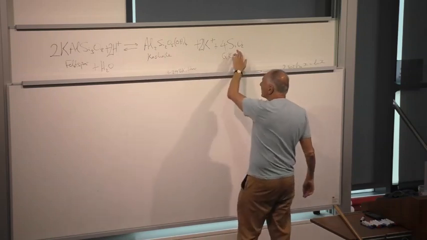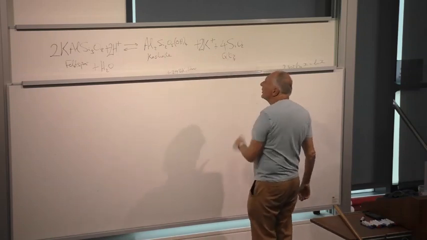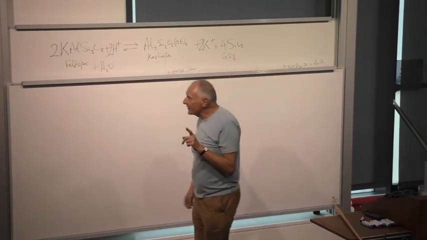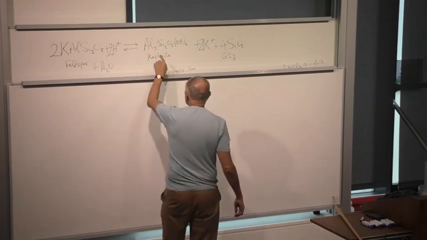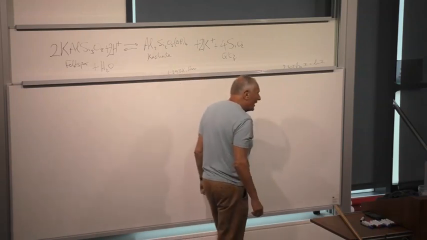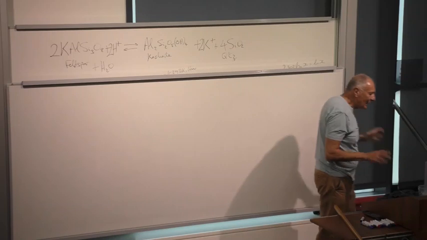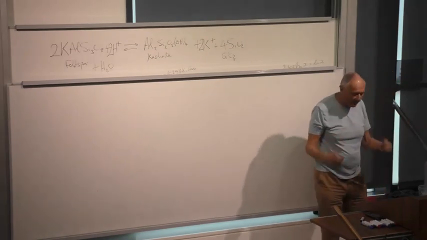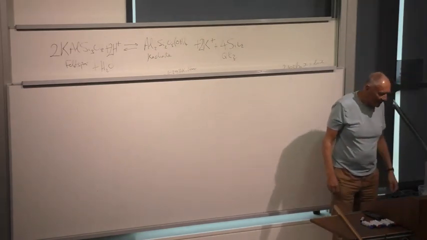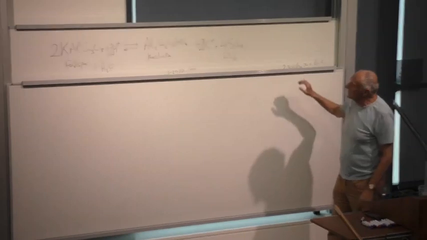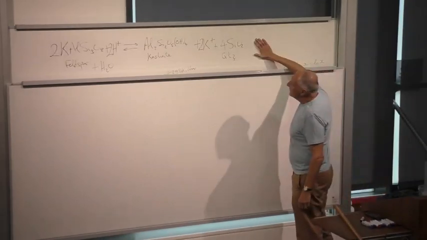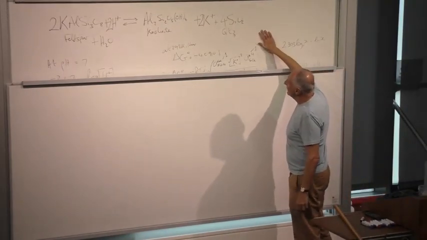I also did the same with the silica. But in general, when we're writing down these weathering reactions, we balance the aluminium in the solids. And the reason for that is that aluminium is the least soluble element. Okay, SiO2 is more soluble than aluminium.